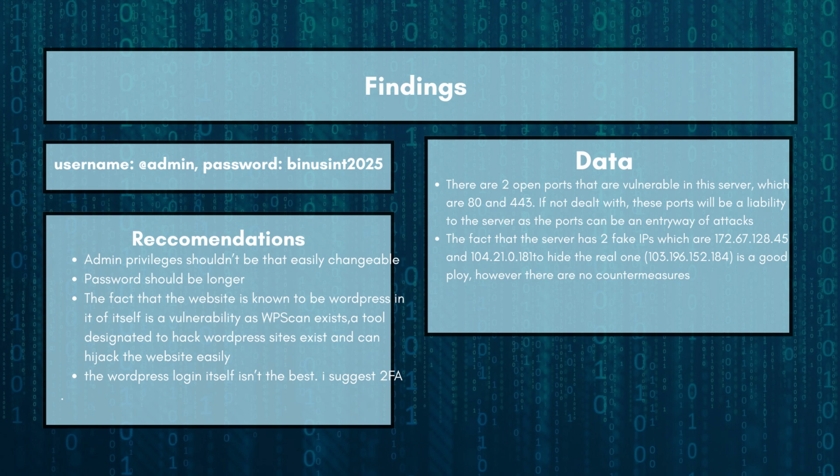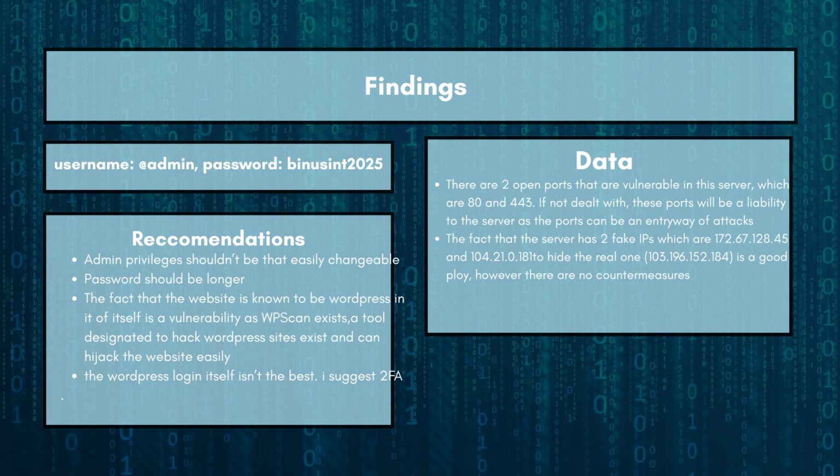However, the server was able to protect itself, and this is a really good strategy: the server has not only one but two fake IPs, which are 172.67.128.45 and 104.221.0.18, and it hides the real IP, which is 103.196.152.184. There are no other ways to encrypt the IPs, other than the usage of fake IPs.